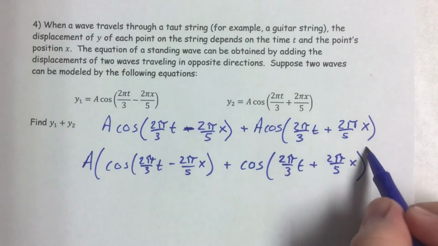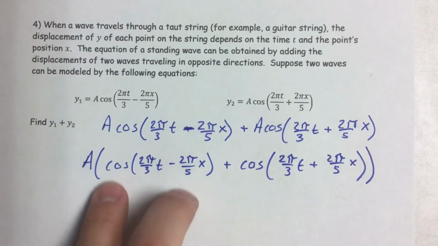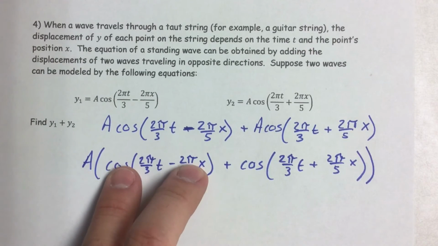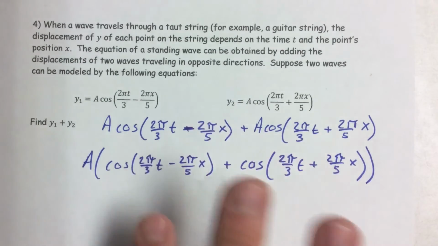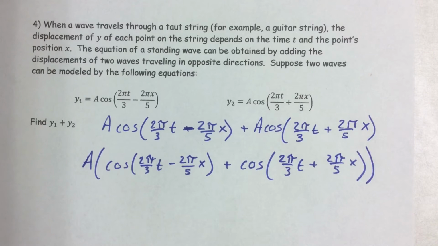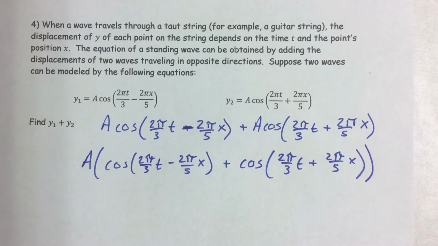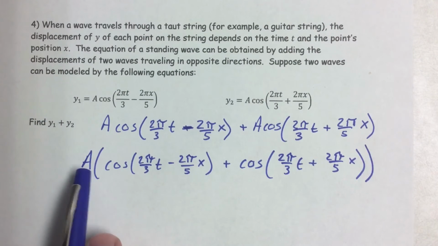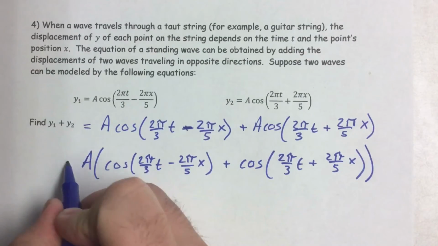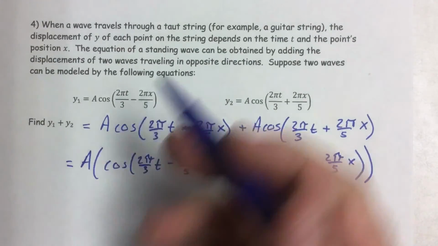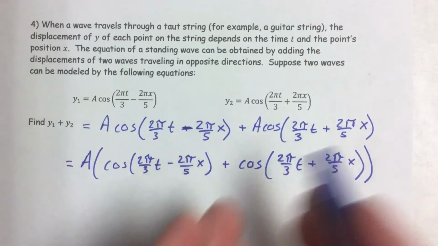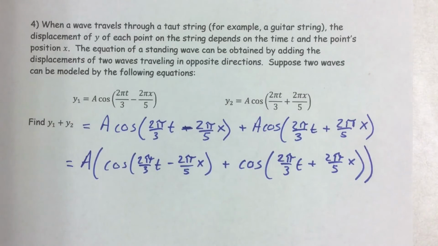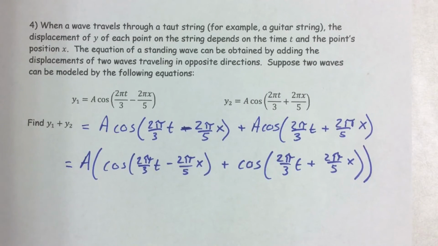And then from here, we can use the cosine rule for this piece and the cosine rule for this piece. You'll notice that some terms will cancel, and we'll be able to combine and simplify. But we will have an a. Our a will still be in our final result because there will not be a way to cancel that. So using the identity for both of them, you should expect some things to cancel.